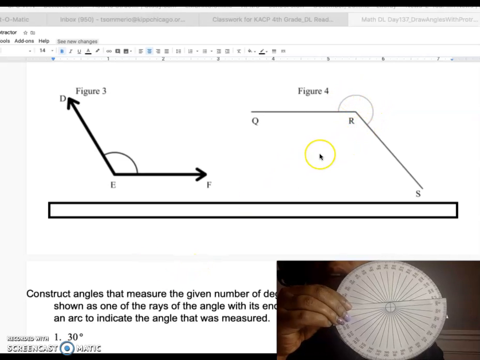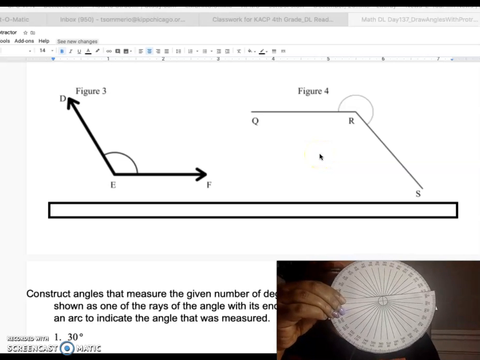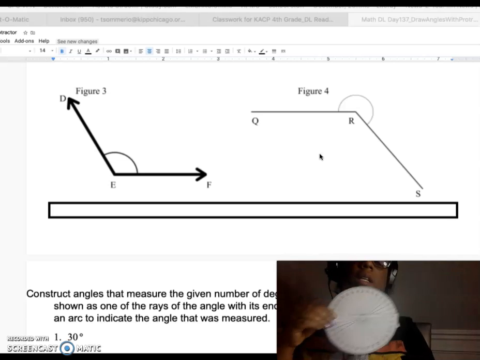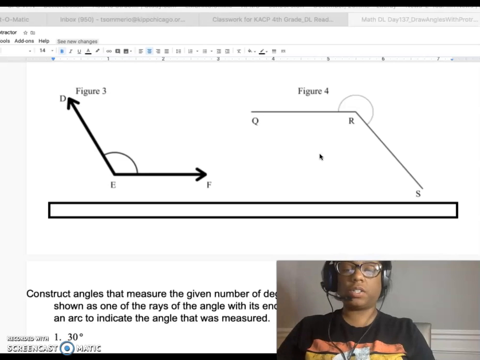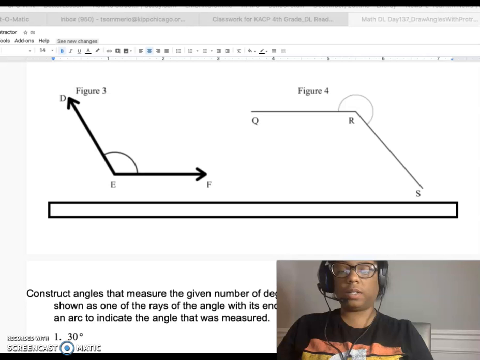Now, even eyeballing this angle, which is angle QRS, I knew that it would be an obtuse angle because it looks significantly larger than a regular acute or right angle.